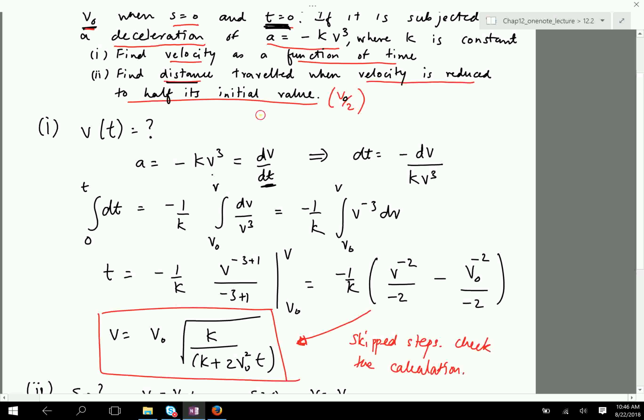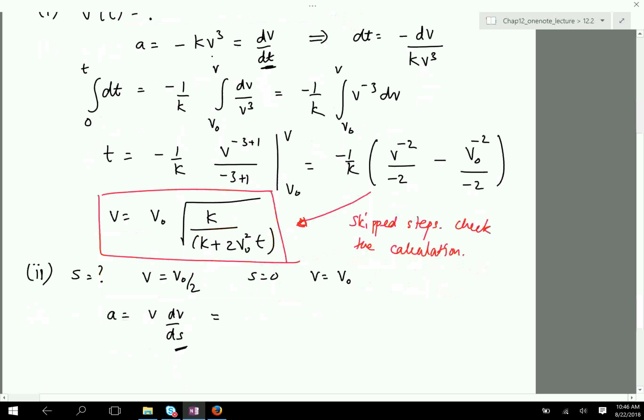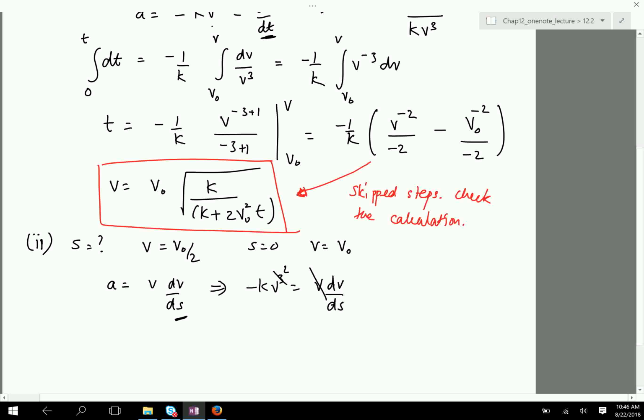So the acceleration is minus kv cubed equals v dv ds. So I can cancel a v from either side, and I'm left with, I'm going to move things around, so I'll get minus k ds equals dv divided by v square, and I also need to take the integral from, in this case, s goes from 0 all the way to s.